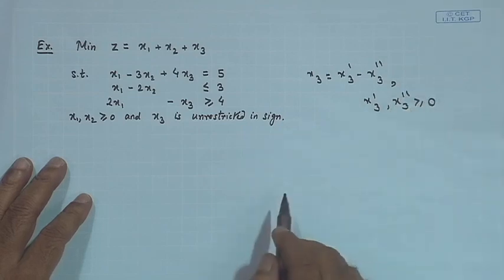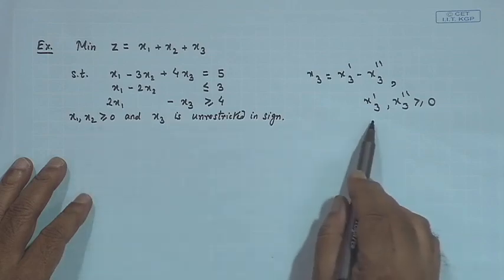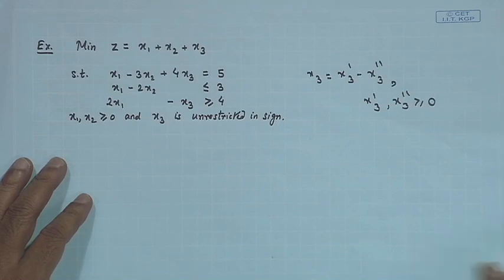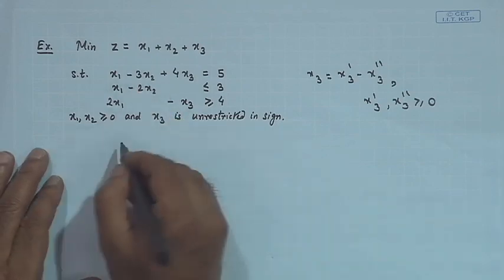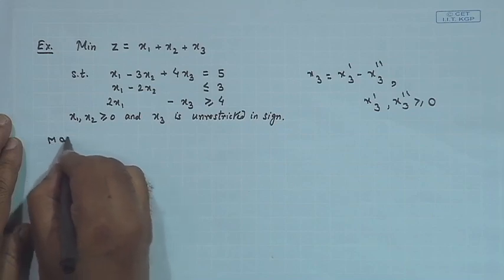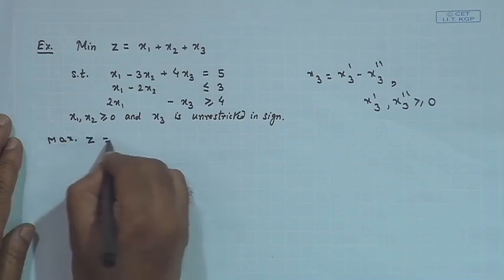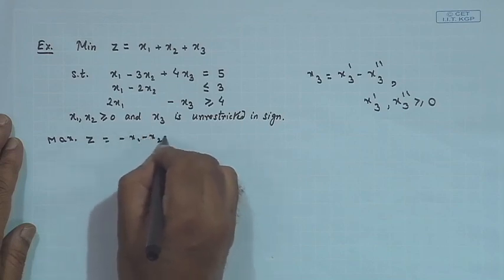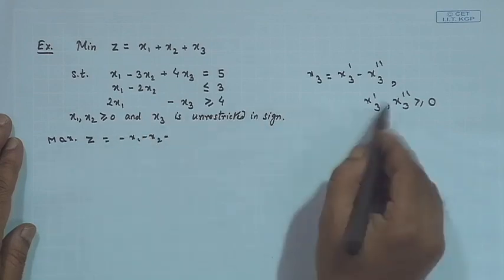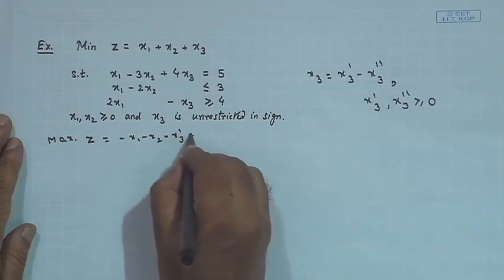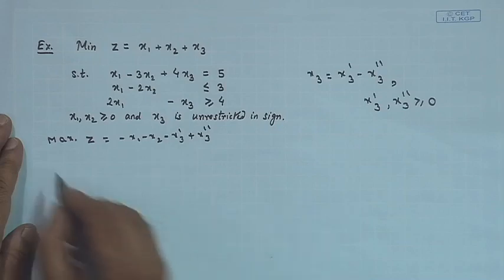So all the variables x1, x2, x3 dash, x3 double dash are greater than or equal to 0. First we write this problem in the canonical form, that is maximize z equals minus x1 minus x2 minus x3 dash plus x3 double dash.